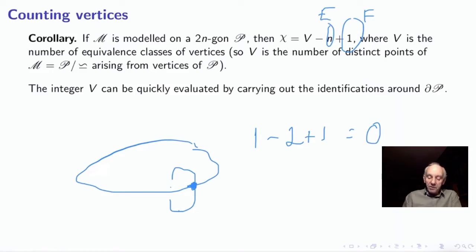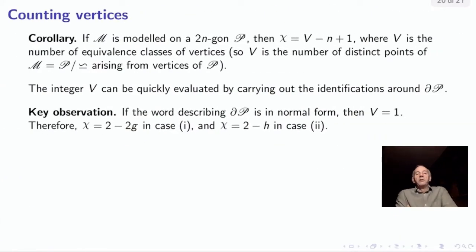Okay, so let me explain how this relates to the normal form. One nice thing about the normal form of a combinatorial surface, remember, the normal form is one of two types. Either we have these combinations of a b a inverse b inverse, or we have combinations of double letters, aa, bb, and so on.